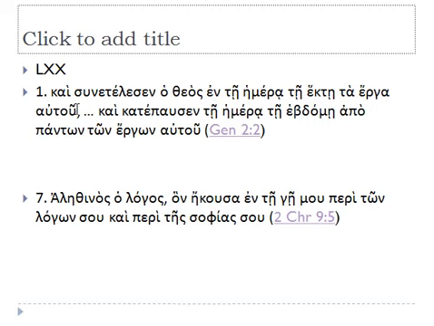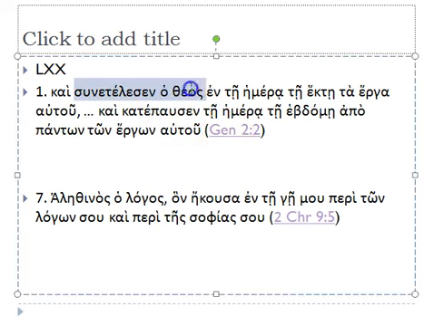Now, a number of these words you have to look up in the vocabulary at the end of this lesson. But a lot of it you can also make sense of based on what you already know. Ho theos, God, in the nominative case, thus the subject of this verb, which we learn means he, she, or it completed. So God completed, or God finished.